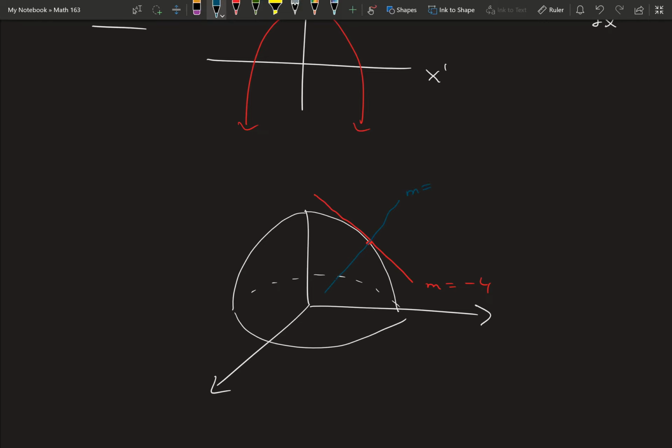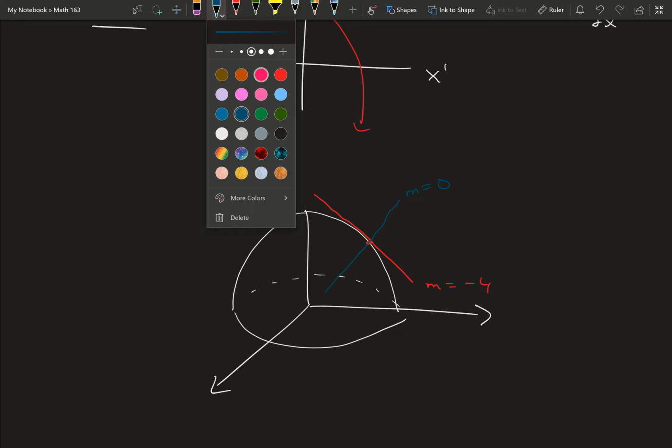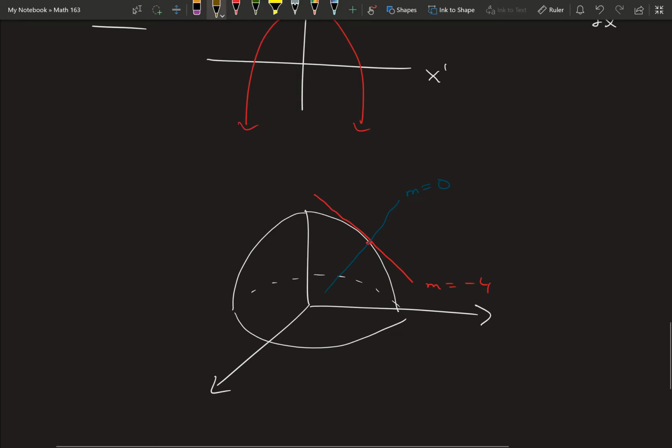This is m equals 0, and if you look at the curve, let me draw that curve in yet another color. Let's try gold. So this gold curve is the curve when you fix y equal to 2. And tangent to that is this blue line.